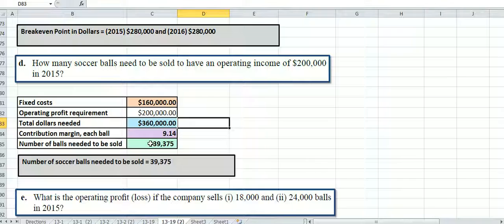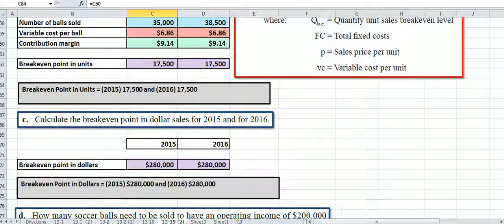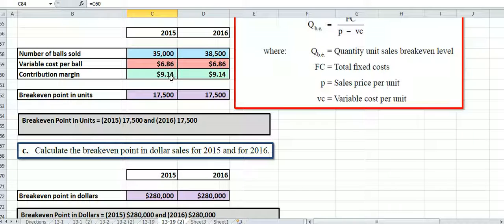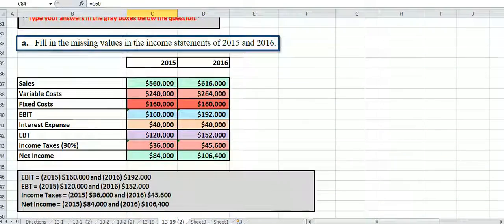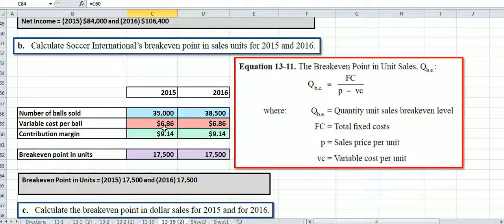And now the important thing here is this idea of the contribution margin for each ball. If we go back up here, that is the price for 2015, way up here somewhere, yeah, right here, minus the variable cost per ball.